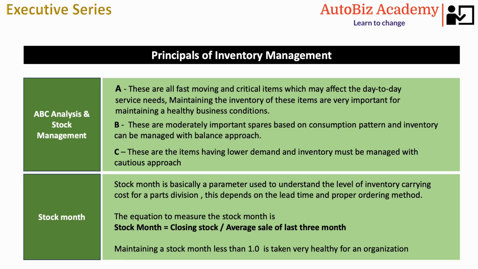In case you are carrying a stock month of 1.5, it means you are keeping parts which require 1.5 months of inventory. It increases your inventory cost. So it is very important to maintain the stock month below 1 by properly ordering and setting up the lead time. All these factors are very important. Otherwise, you may land up with higher non-moving stock.